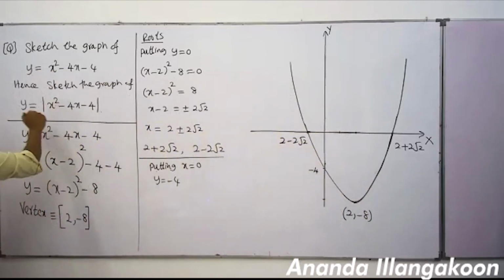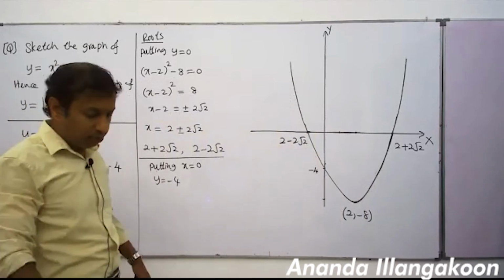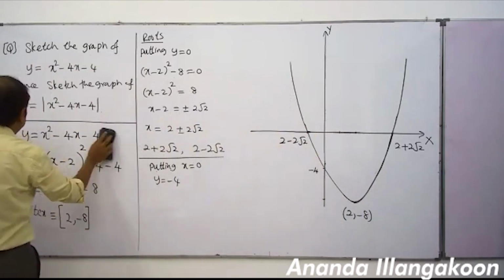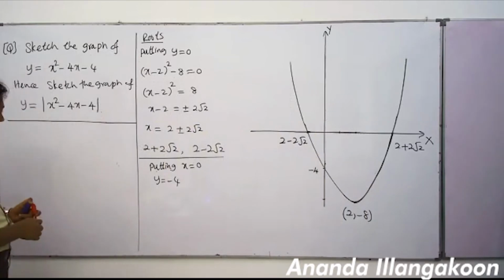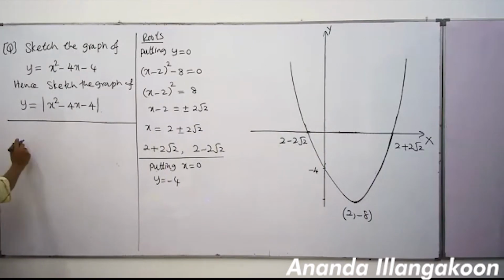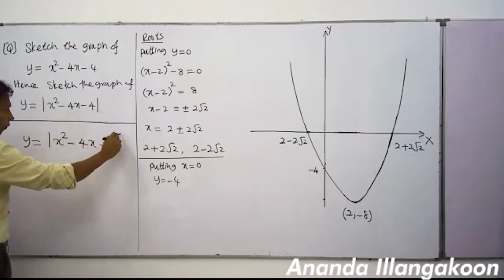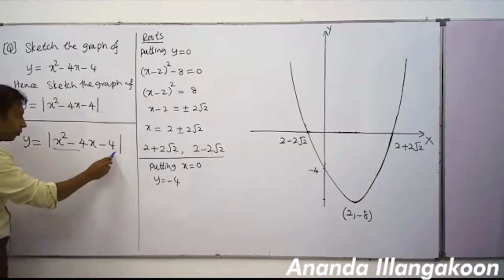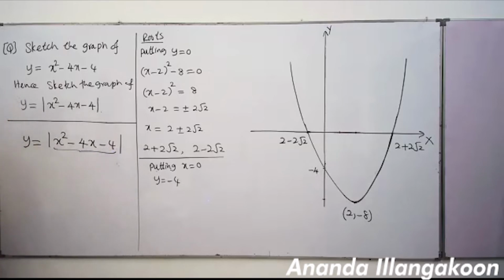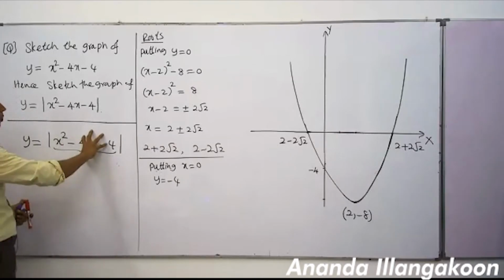Now we are asked to draw this mod graph. Yeah. The graph we need to draw is this now. Y equals mod of x squared minus 4x minus 4. Right, people, now what is this? Within this modulus sign, these 3 terms mean really this, no?